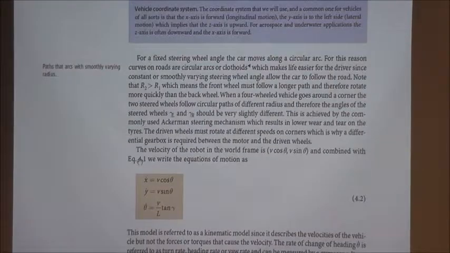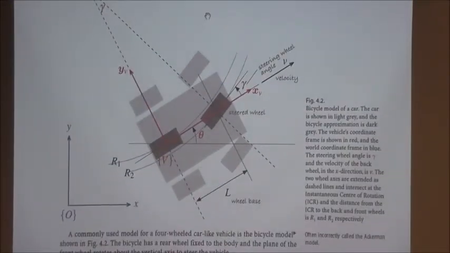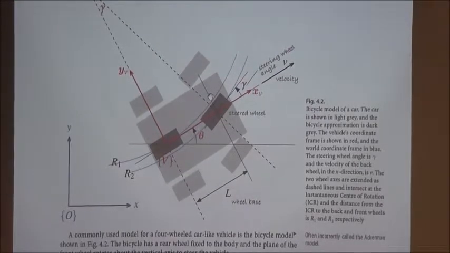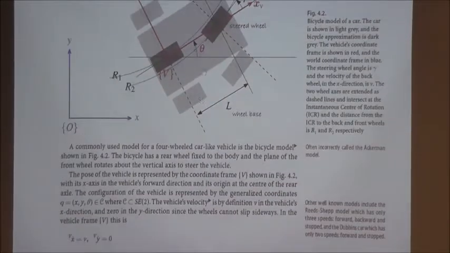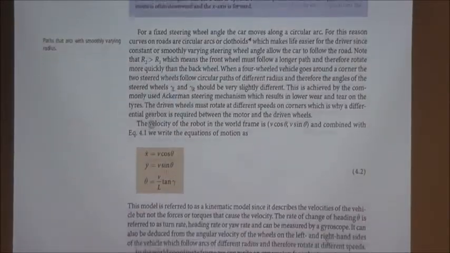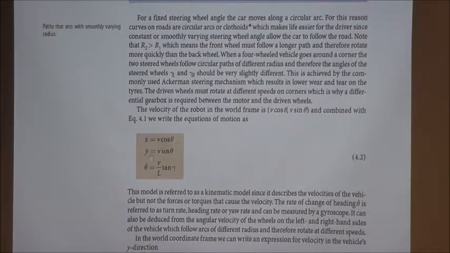Now, let's see, if you look at the velocity vector, and if you project it on the x-axis and y-axis, the components of the velocity, x dot and y dot, are going to be equal to v times cosine of theta, y dot equal to v times sine of theta.